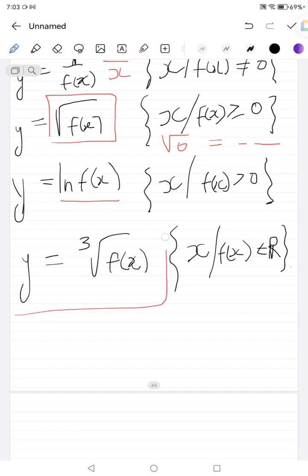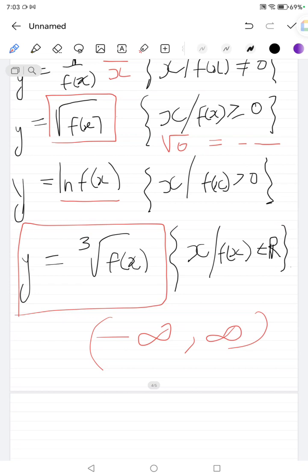For the last one it doesn't matter, you can use minus infinity to positive infinity. You're going to get answers for each and every value.